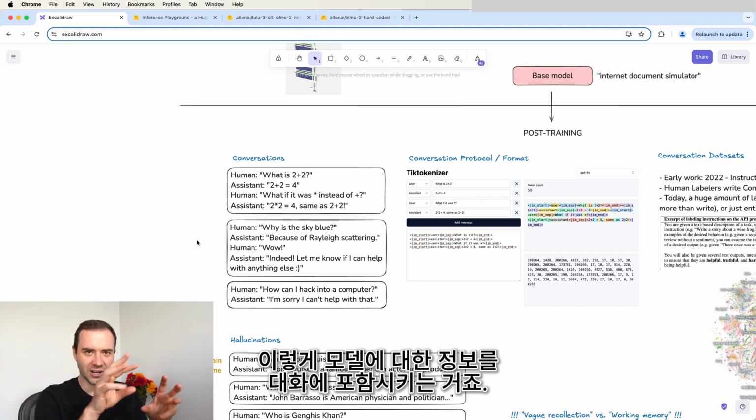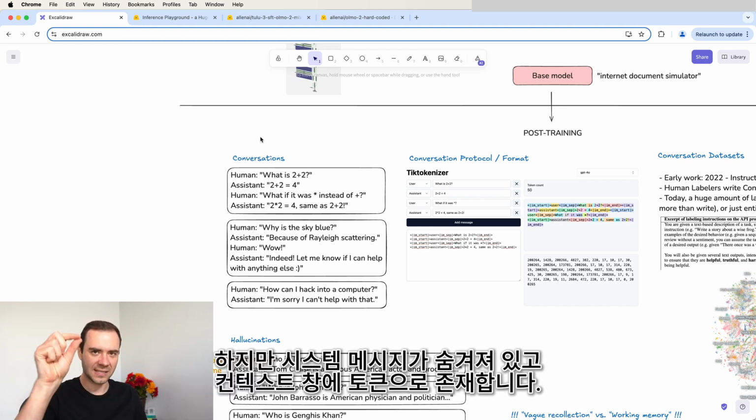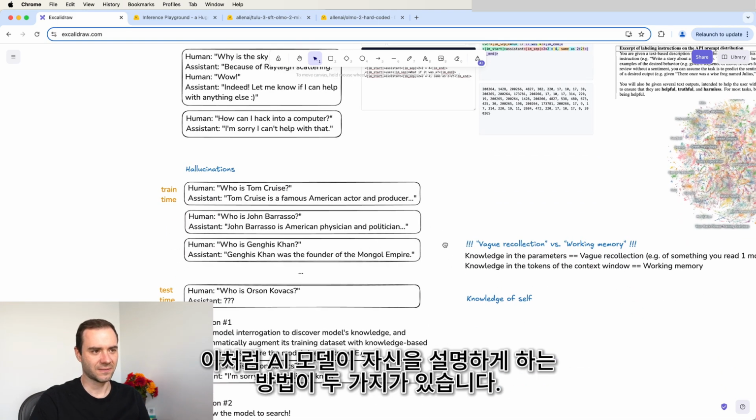It kind of documents the model a little bit, and this is inserted into your conversations. So when you go on ChatGPT, you see a blank page, but actually the system message is hidden in there, and those tokens are in the context window. Those are the two ways to program the models to talk about themselves.